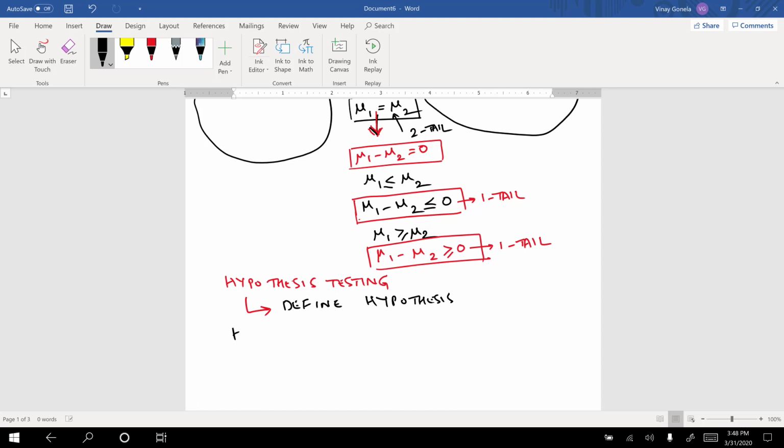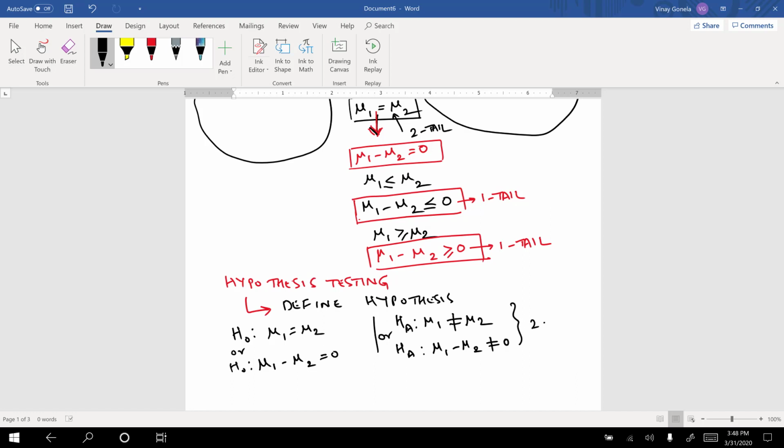The first one is your null hypothesis, where you can say mu1 is equal to mu2. This can also be written as H null: mu1 minus mu2 is equal to 0. The alternative for this would be mu1 not equal to mu2, or it can be written as mu1 minus mu2 not equal to 0. This will be a two-tail because we are saying it's exactly equal.